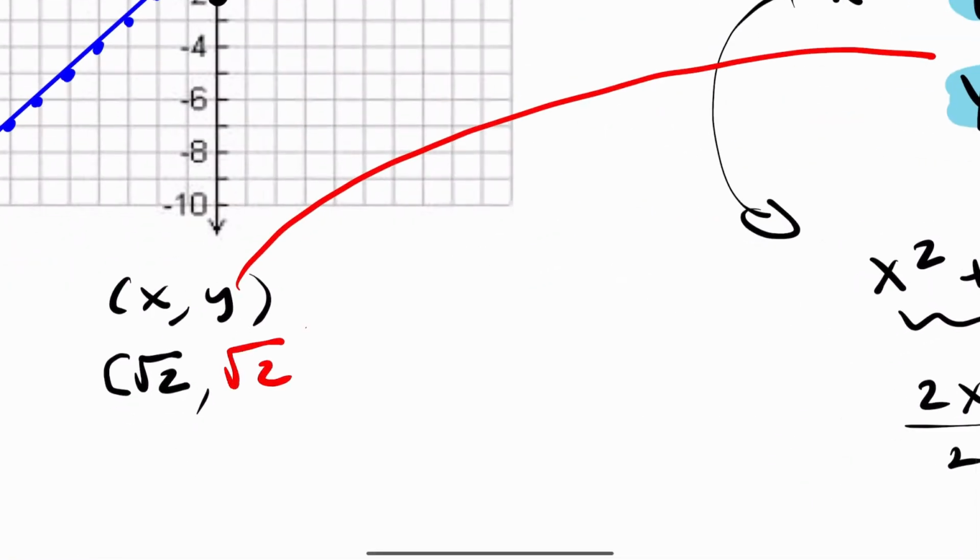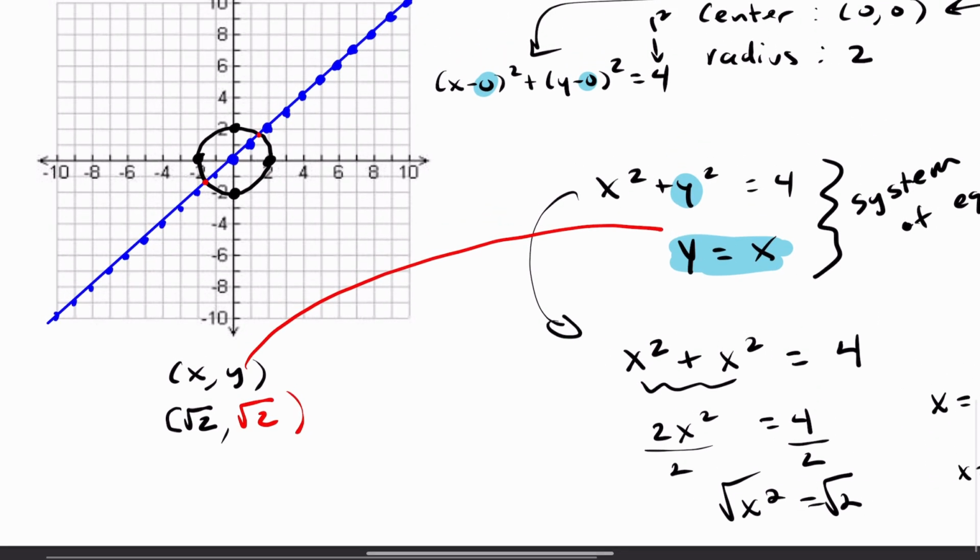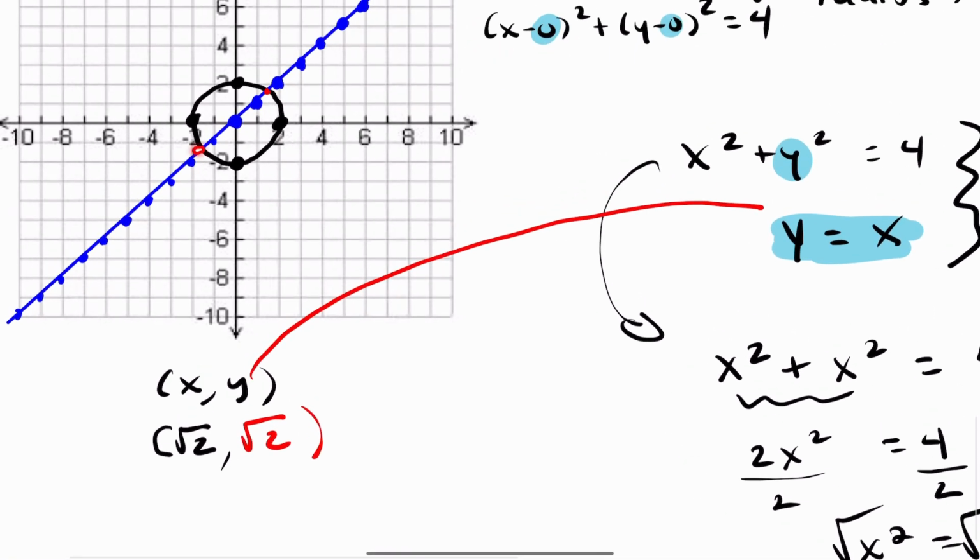So this is one of our points, okay? So basically what I'm trying to say is we have 2 points here. Our goal is to figure out what is this point and what is that point. And since the x and y are both positive numbers, we're going to strongly assume that this point here is this, okay? So it's root 2 over root 2.